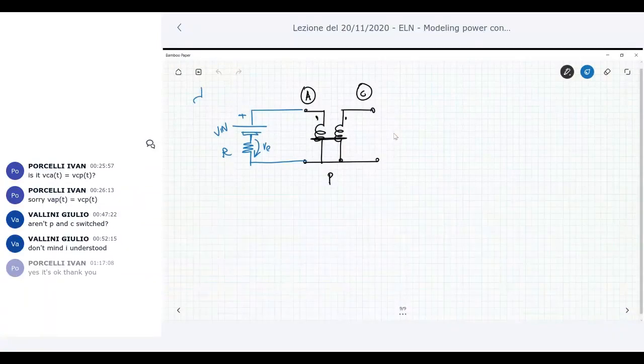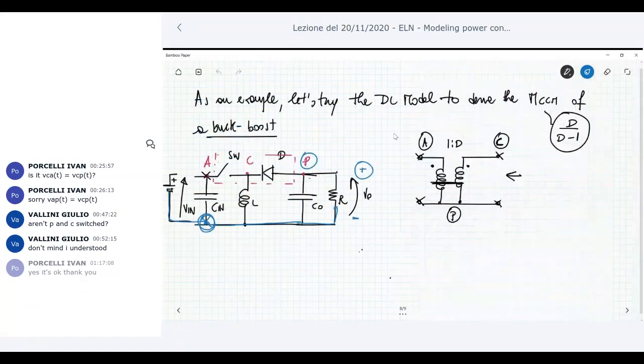So we have here an inductance which is connected to C. And then between P and C you have the diode, the model.